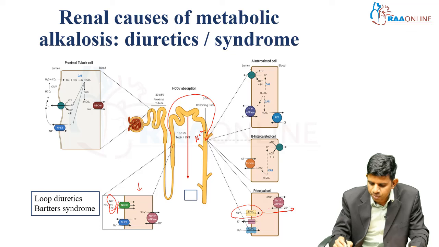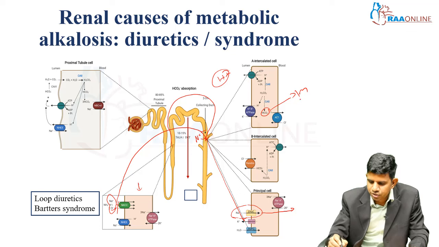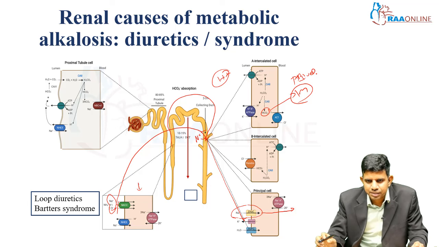Each molecule of sodium absorption will secrete acid. Each acid secretion will add one molecule of bicarbonate. So, increased sodium delivery here, increased sodium absorption, leads to increased bicarbonate in the blood. Okay. This is one reason the loop diuretics cause metabolic alkalosis.